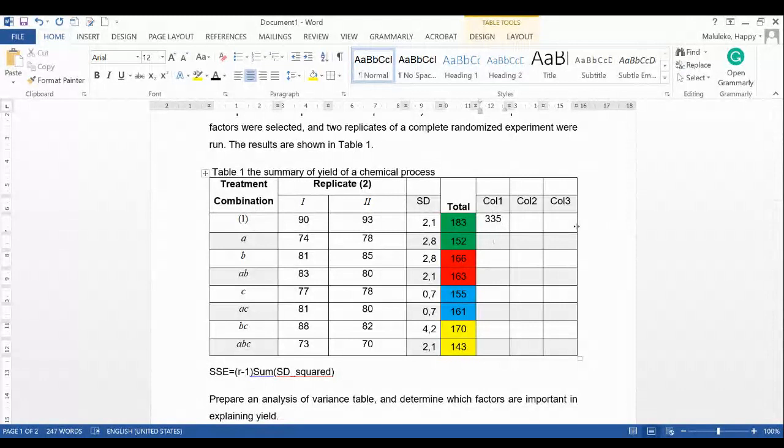Eight to nine. 329. Yes. 316. 313. Let's go, guys. Negative 31.